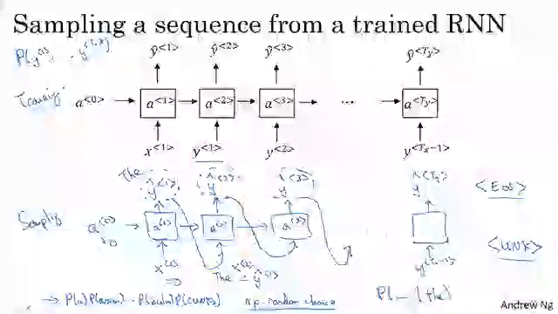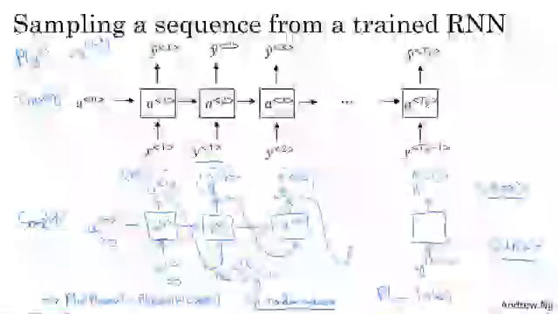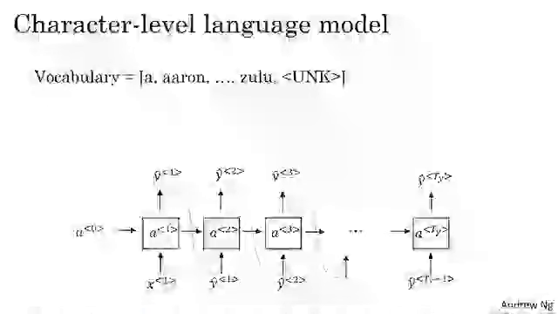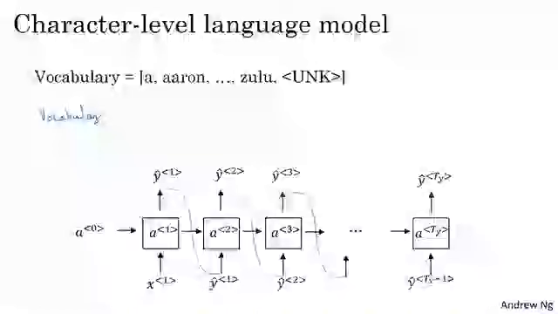Now, so far we've been building a word level RNN, by which I mean the vocabulary are words from English. Depending on your application, one thing you could do is also build a character level RNN.